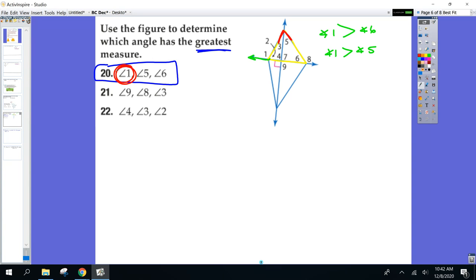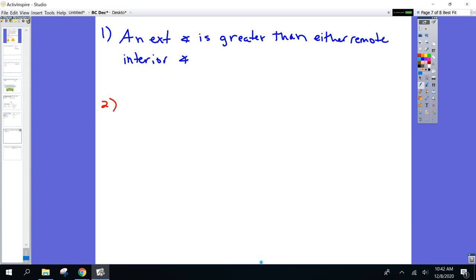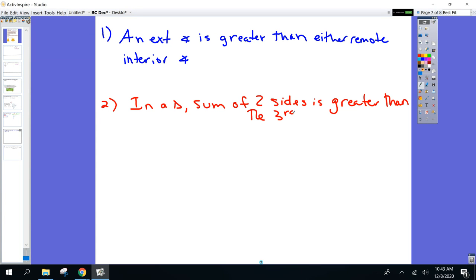All good? All right, second inequality theorem we should be aware of. In a triangle, the sum of 2 sides is greater than the third.